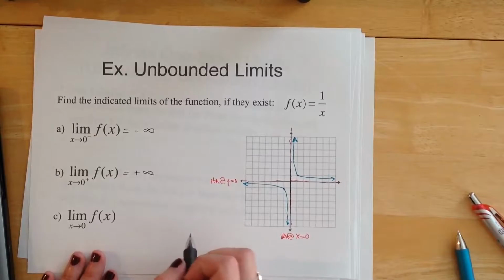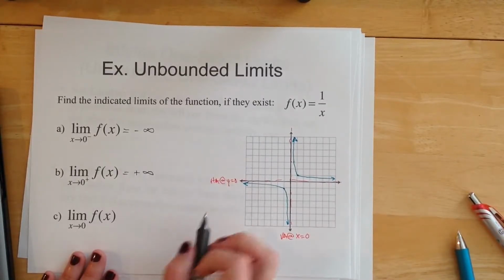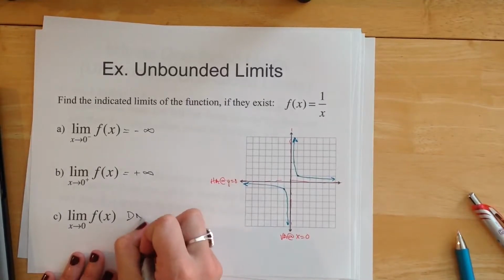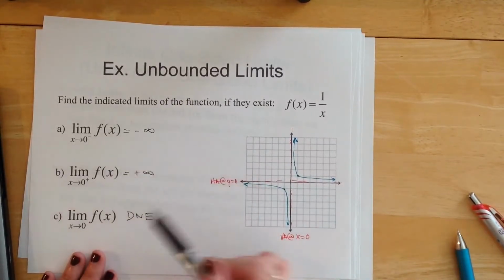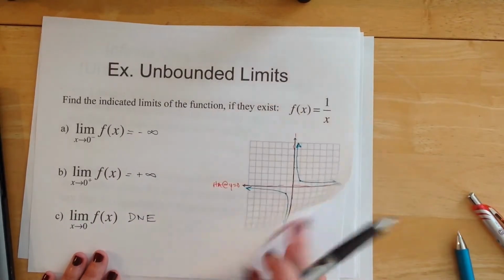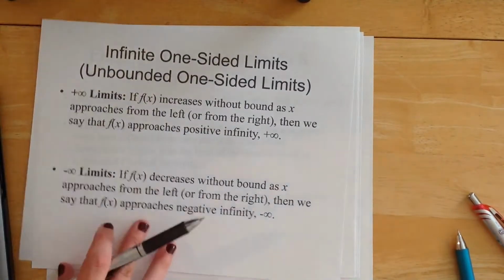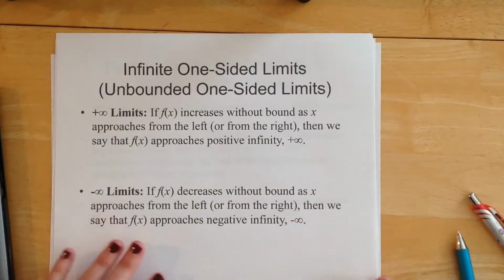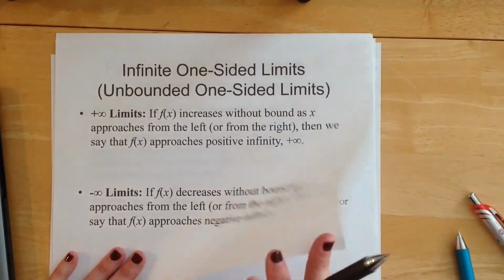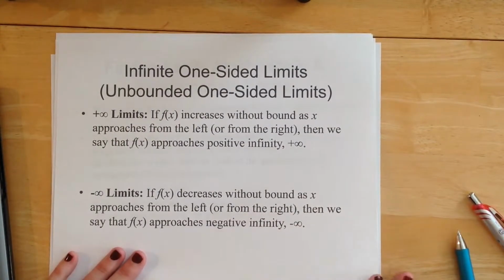And like the example of the limit of 1 over x minus 3 as x approaches 3, we have to say DNE, does not exist, because our infinities do not agree. So there's our definition of infinite one-sided limits, or unbounded one-sided limits.